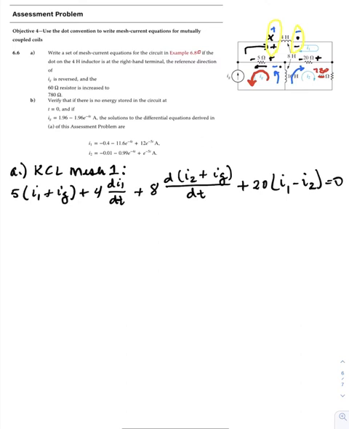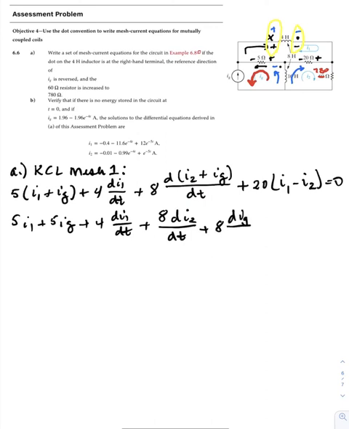All right, let's clean this up a little bit. So 5 I sub 1 plus 5 I sub g plus 4 di1 over dt plus 8 di2 over dt plus 8 di sub g over dt plus 20 I sub 1, oh, sorry about that, minus 20 I sub 2 equals 0.